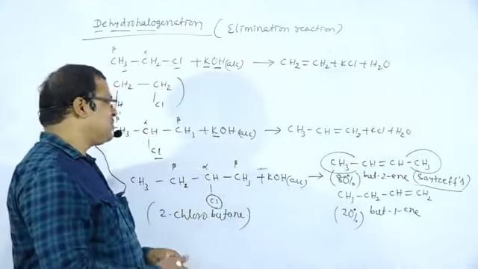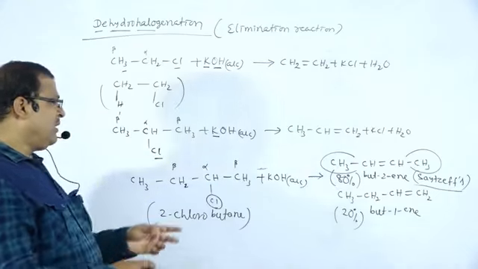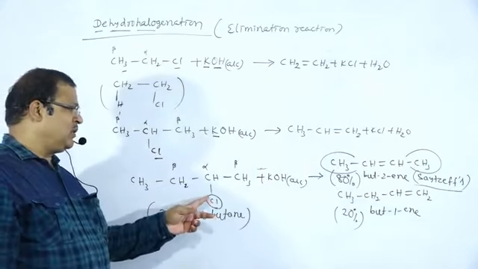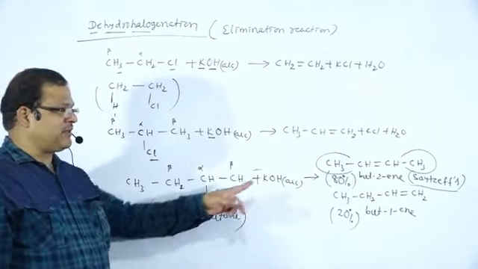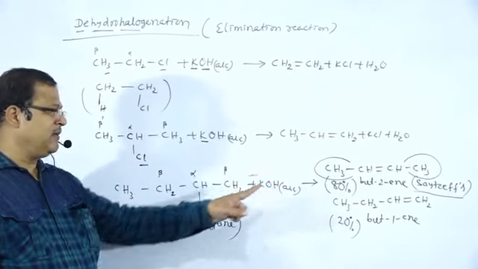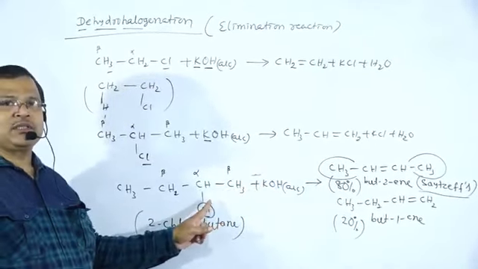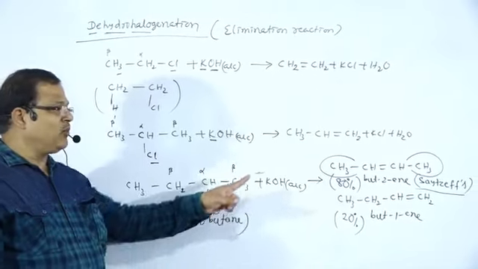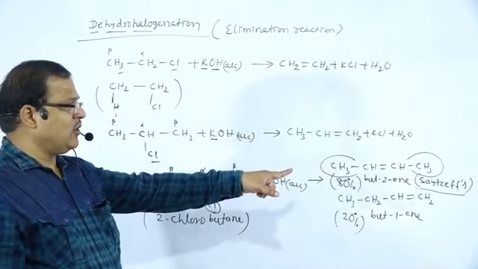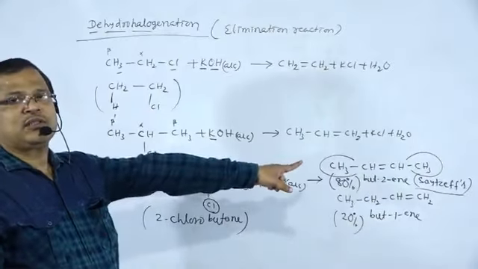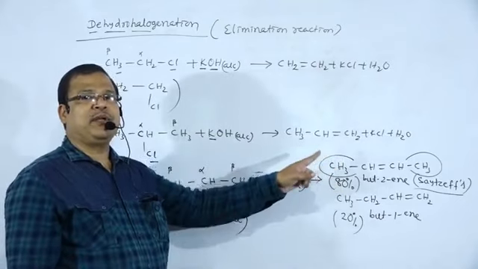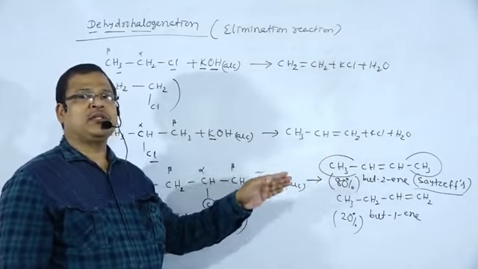Then what is Saytzeff's rule? Whenever there is a chance of formation of different kinds of alkene by the dehydrohalogenation process, the more alkylated alkene, or the alkene in which the double bond occurs at a higher position, is the predominant or major product.